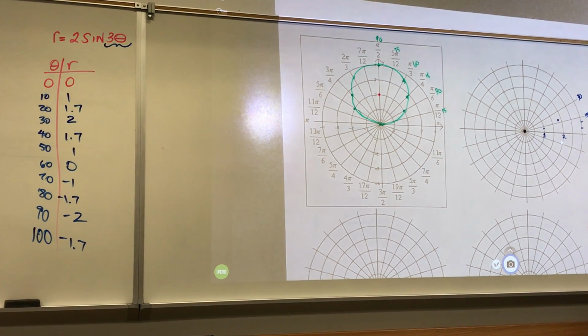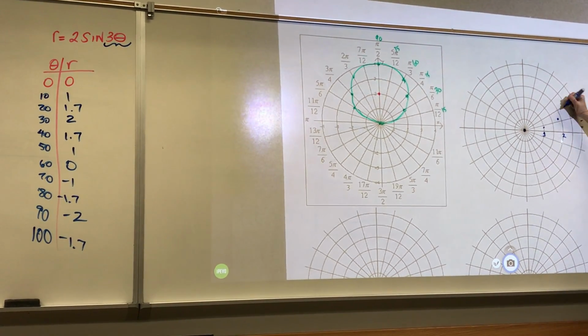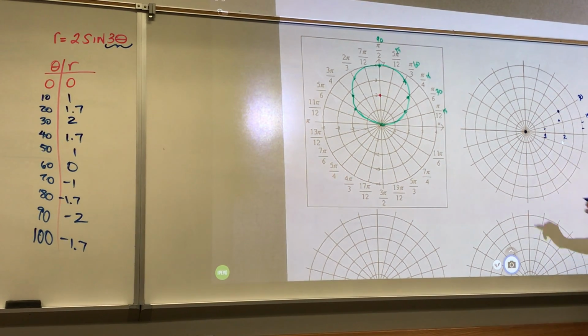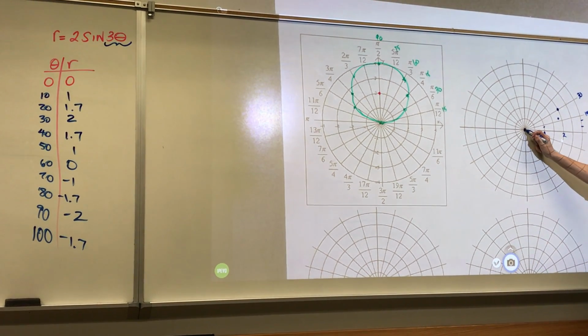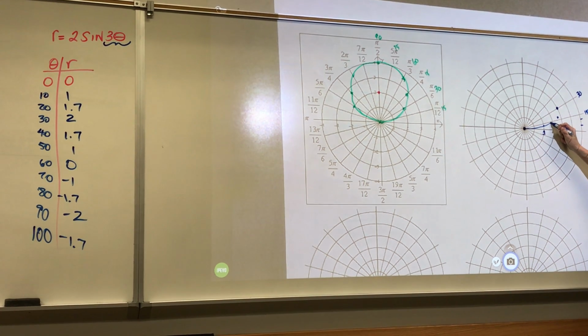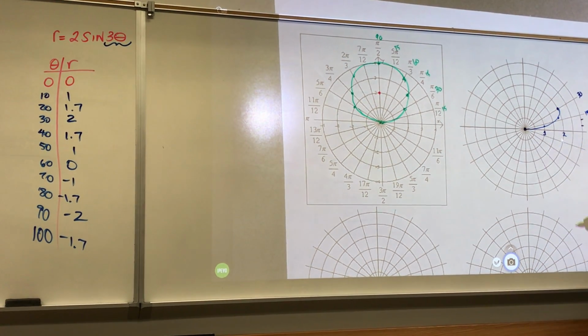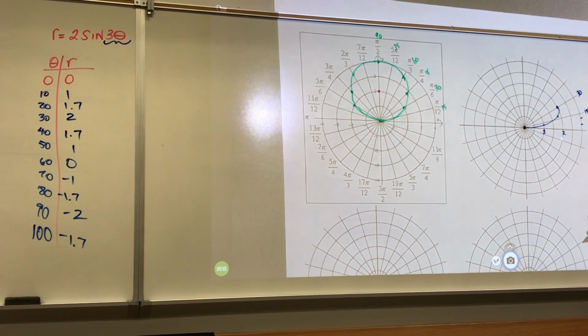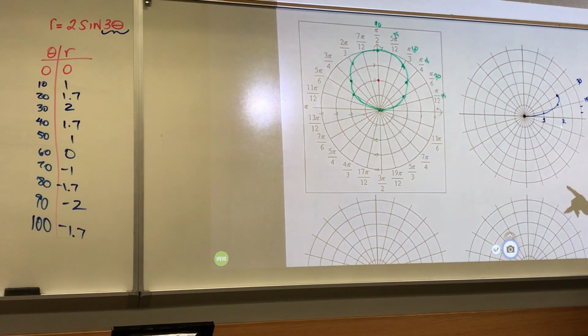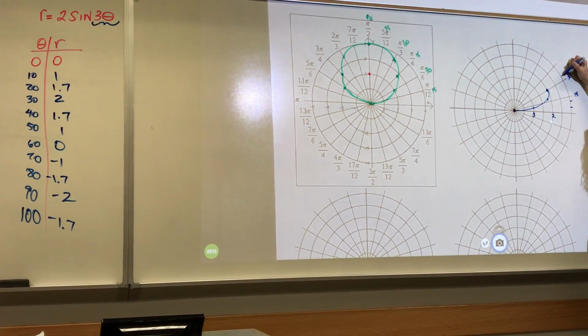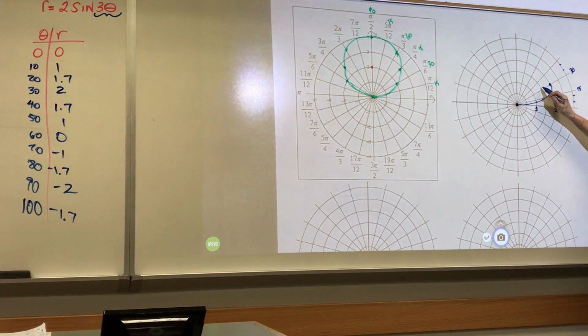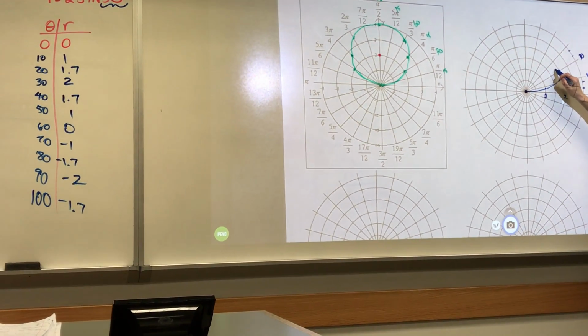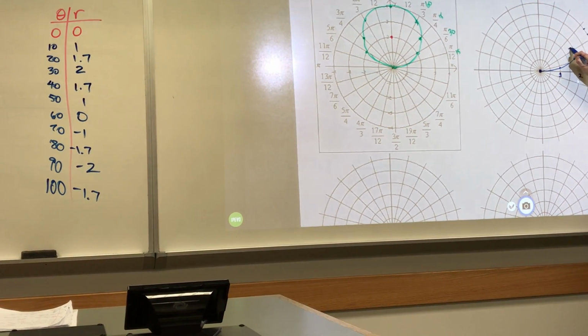All right, 30, we are at 2. So we have come from the origin out to here. Now 50 degrees, wait a minute, we're at 30. 40 is 1.7, so now we are back at 1.7.